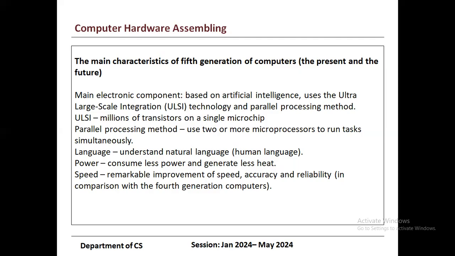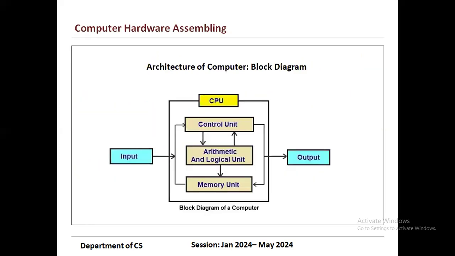So in this presentation, we have explored what the computer generation is. We have also explored different computer generations and their main advantages and disadvantages in great detail. So let's move to the next slide. Here we'll discuss architecture of computer. This is the basic block diagram of a computer system.